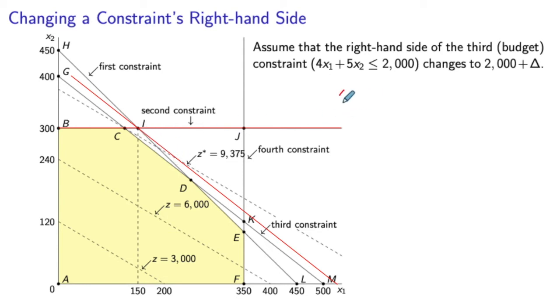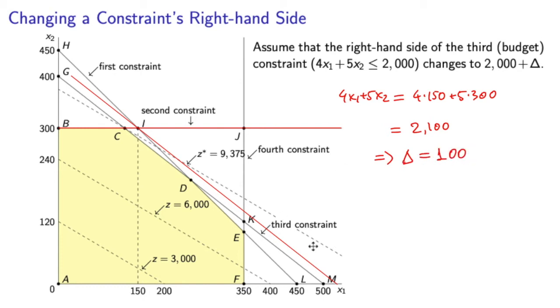So we have 4x1 plus 5x2 at the point I is gonna give us 4 times 150 plus 5 times 300, which is 600 plus 1500, 2100. And the original right-hand side was 2000, therefore delta corresponding to this move is given by 100.